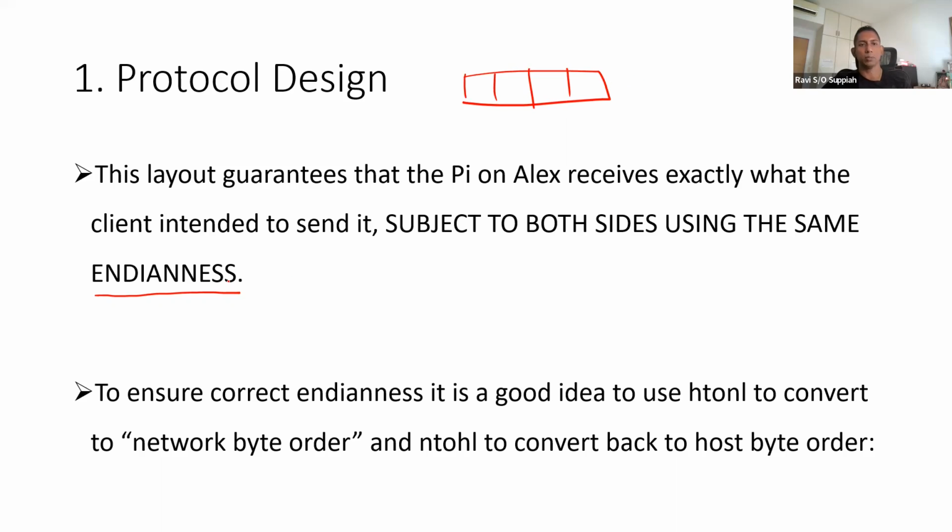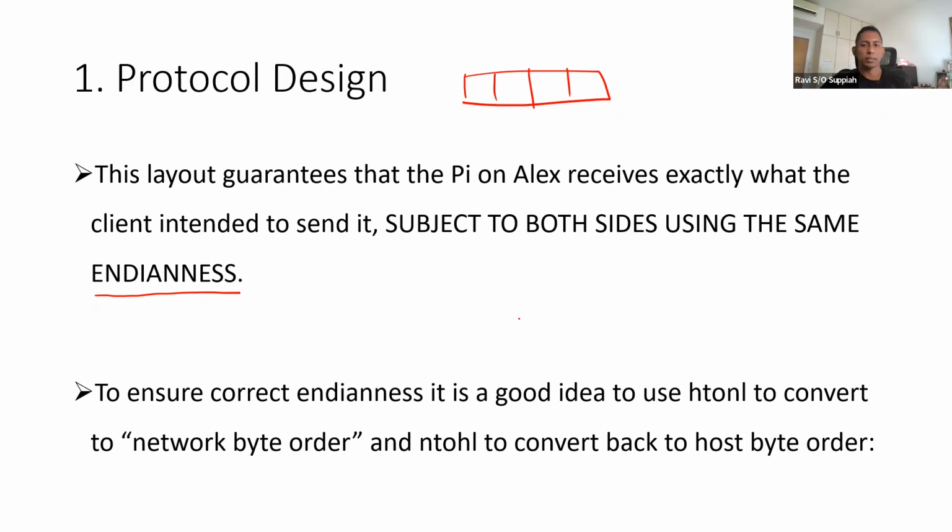So the endianness should be correct, because if I transmit over the network and the network or the receiving system interprets a different byte order, then everything can get jumbled up and messed up.